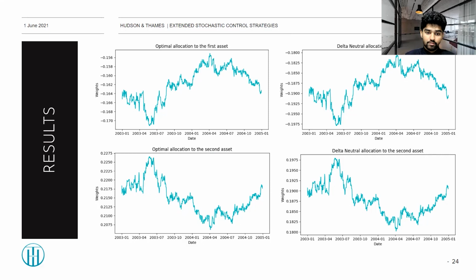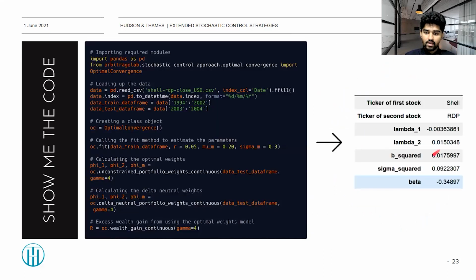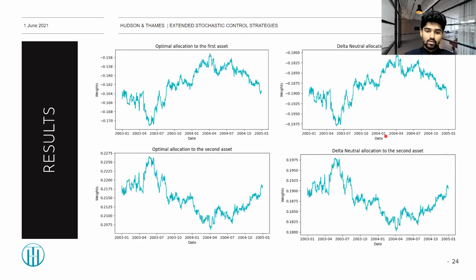If you go back to the previous slide, we can see that the calculated lambda values are pretty similar to each other. So as I mentioned before, when lambda 1 is nearly equal to lambda 2, both the strategies converge into one, and they tend to give the same results. And that is shown here.